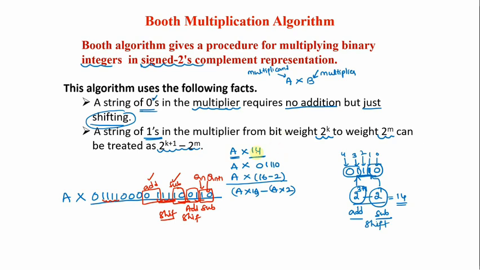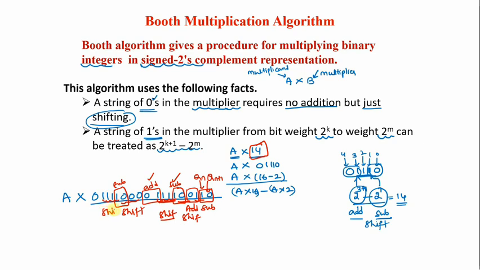Because 14 is not a power of 2, it needs a shift and a subtraction. So multiplication is implemented using shift, subtraction and addition. Here you can see a sequence of zeros requires a shift, and whenever 1 0 appears, it requires a subtraction.